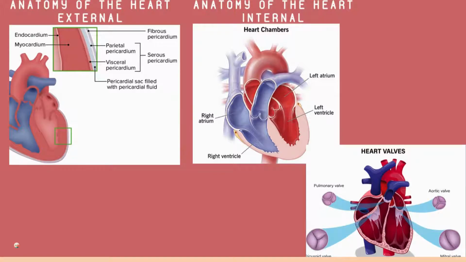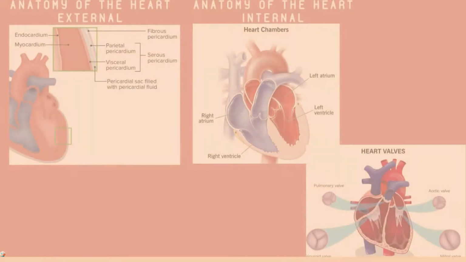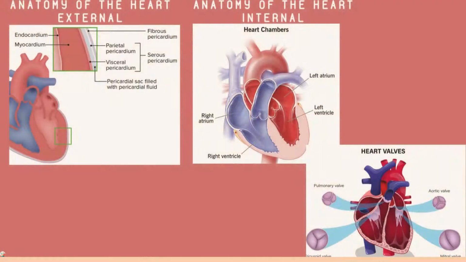The valve present between the left atrium and the left ventricle is the bicuspid valve, which is also called the mitral valve. The valve present between the right ventricle and the pulmonary artery is called the pulmonary valve, and the valve present between the left ventricle and the aorta is called the aortic valve.